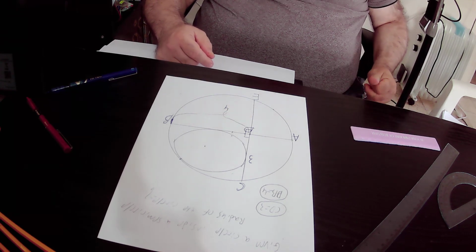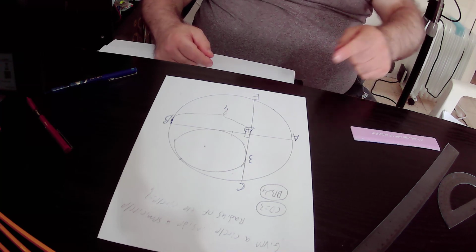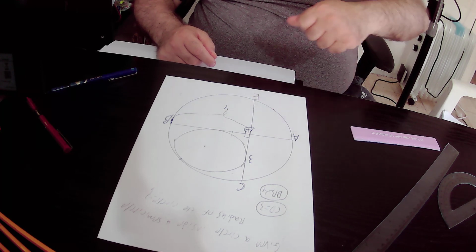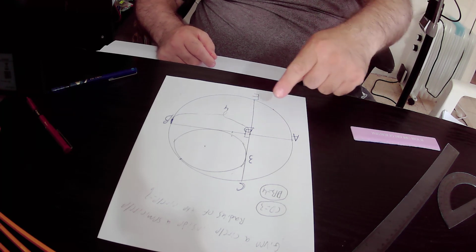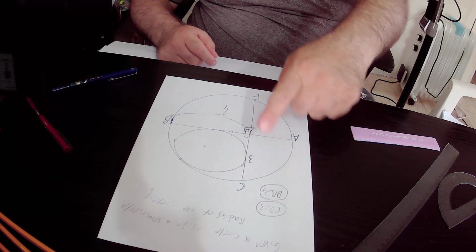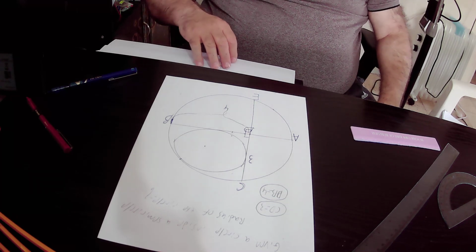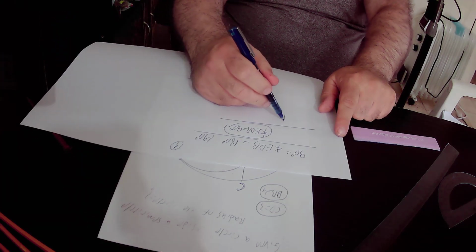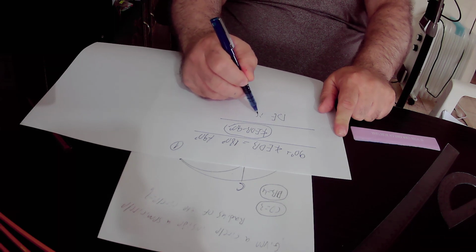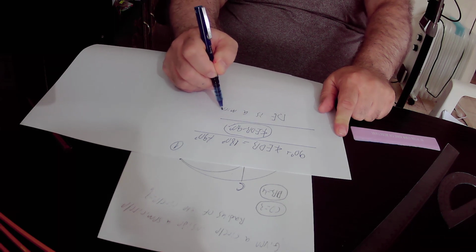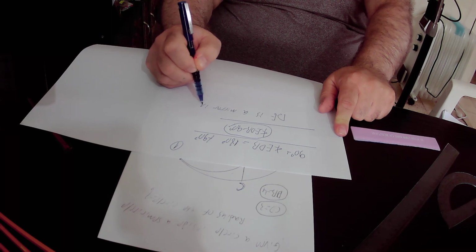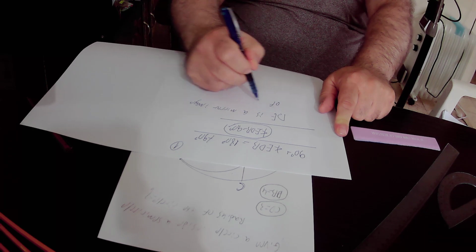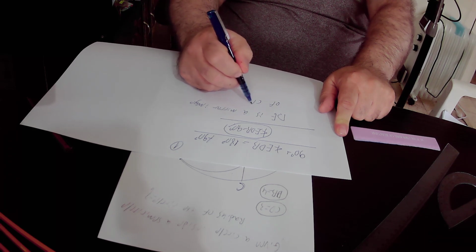Okay? And actually CD and DE: DE is the mirror image of CD. I repeat again, line segment DE is a mirror image of line segment CD.